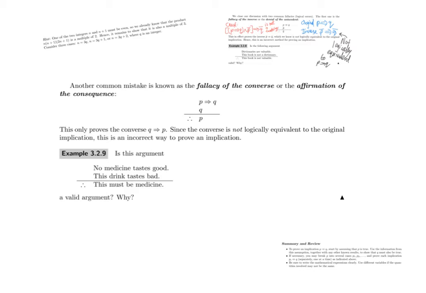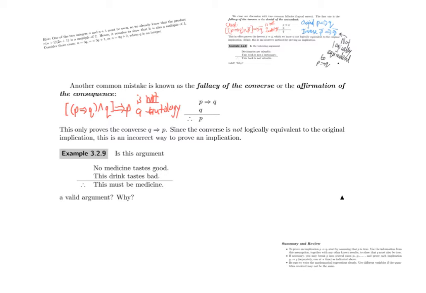If I have if P then Q, and Q, then P, you can check again, this is not a tautology, which means this structure of an argument is not going to be valid.